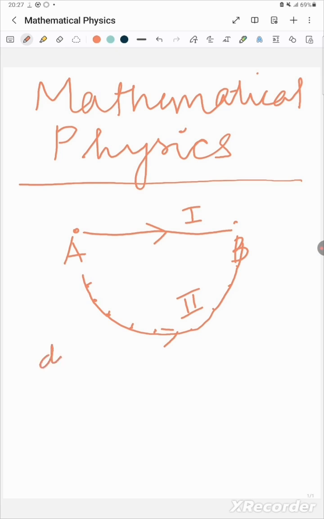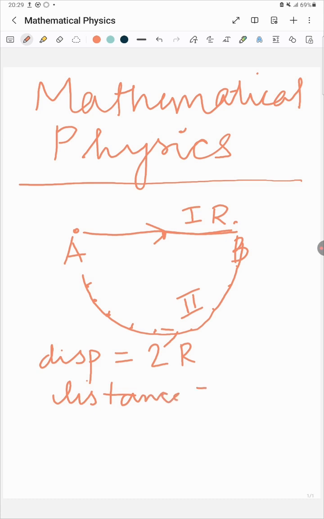And what is the value of the displacement? It is basically 2r if we consider it to be a semicircle of radius r. Now the path 2 is basically a semicircle, so the distance would basically be pi r, because the circumference of a circle is 2 pi r, and so the perimeter of a semicircle would be pi r.